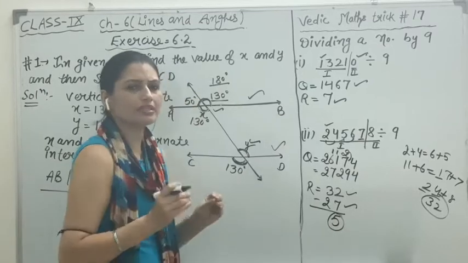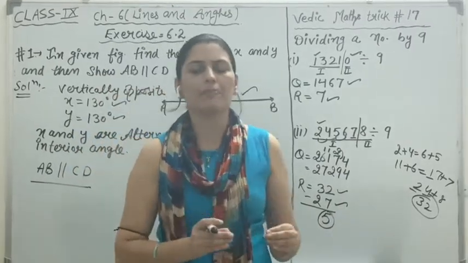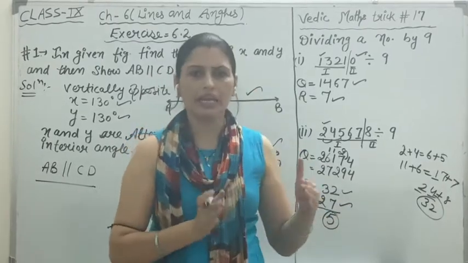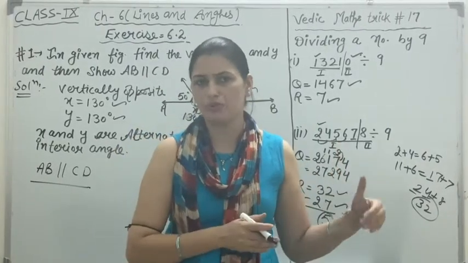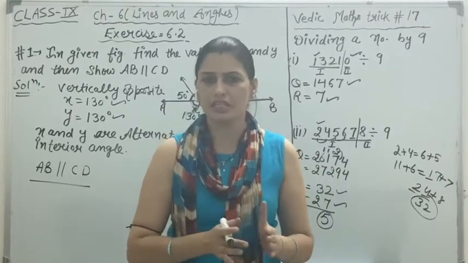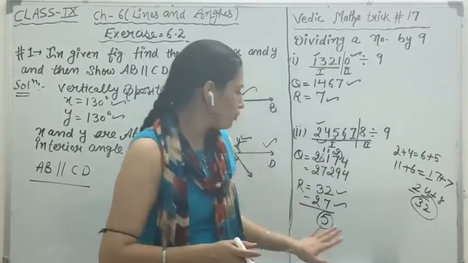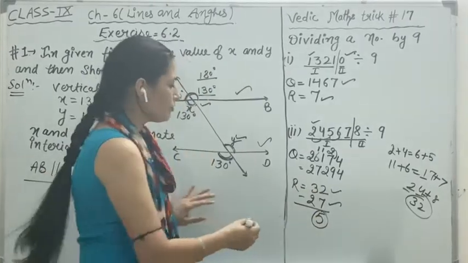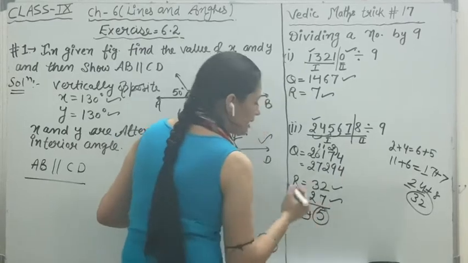You have to subtract so that the remainder becomes less than 9, and for this you have to subtract 3 times 9, that is 27. If you take 4 times, that is 36, which is not possible. So we subtract 3 times, that is 27, from 32, which means 5 is our remainder.